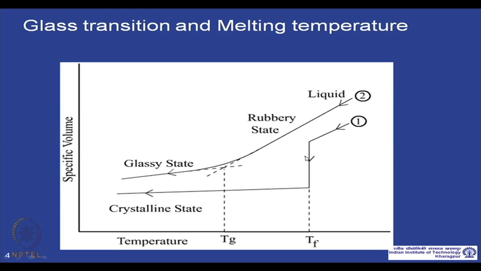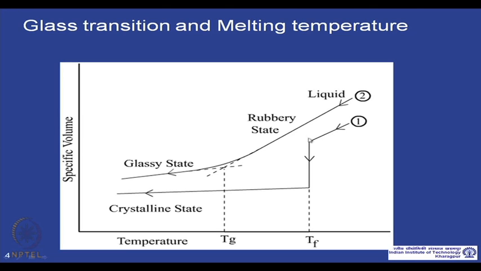Now, what happens if we take, say, water and cool it down? Just consider liquid water, and then cool it down, the specific volume will go down. It will happen for most cases. There could be some disturbance for water, but I am talking about any liquid in general.